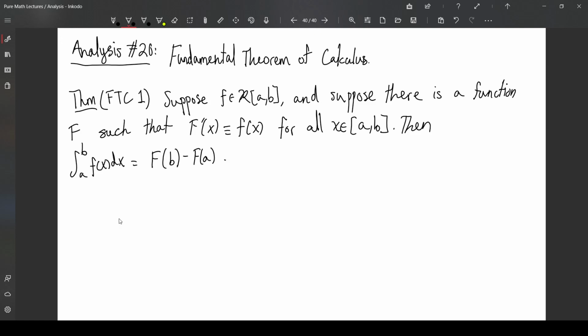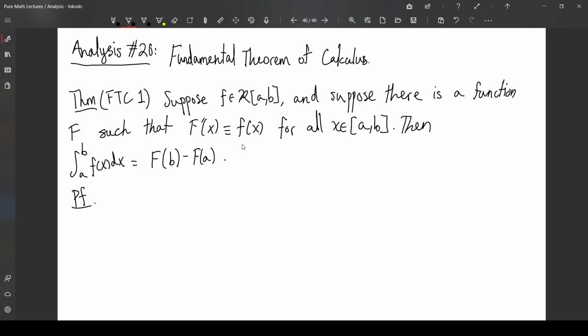Just to recap what this theorem is saying: if we're integrating a function and we have some other function whose derivative is the function that we're integrating, then the integral is just the difference of two values of the bigger function. We would call capital F an antiderivative of little f of x.